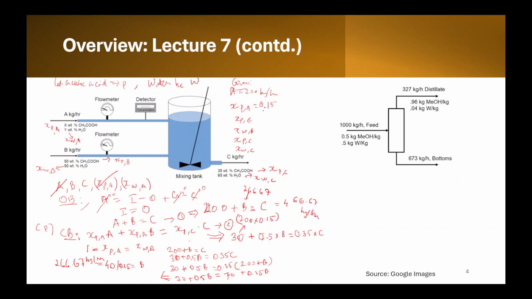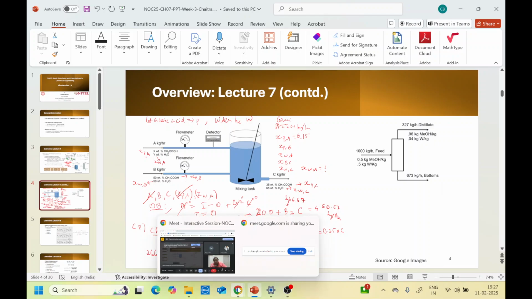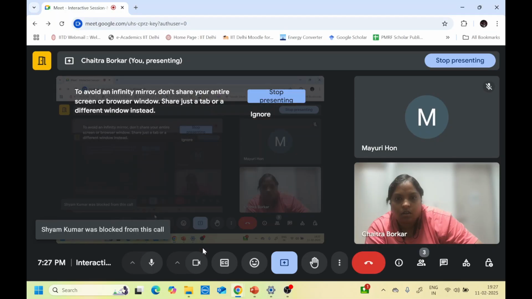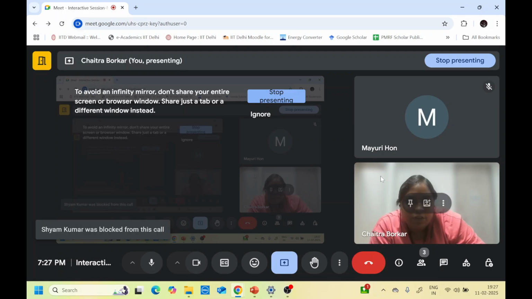Also, if we are given XPA 0.15, so what will be the value of XWA? Can somebody tell me the value of XWA, Mayuri?